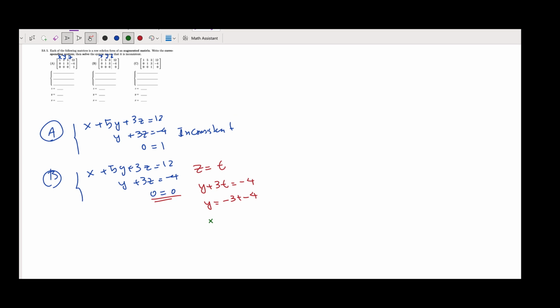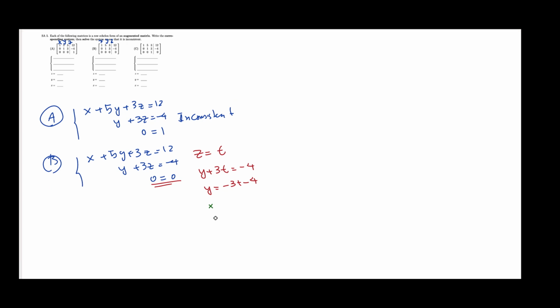Last is to solve for x. Now, remember, I can plug in z equal to t in the first equation and y equal to negative 3t minus 4. So here, x plus 5 times negative 3t minus 4 plus 3t equal to 12.